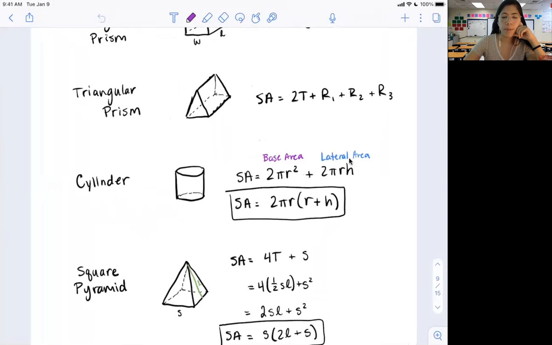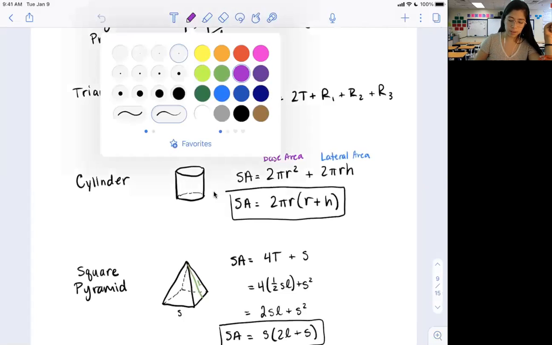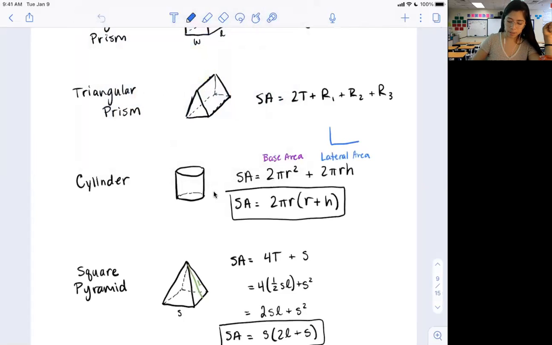And this comes from the fact that the cylinder, think of a can of beans. If you take off the wrapping of a can of beans, you get a rectangle where the height is h and the length of it is 2 pi r, because the length wraps around the circle and makes the circumference of the circle.